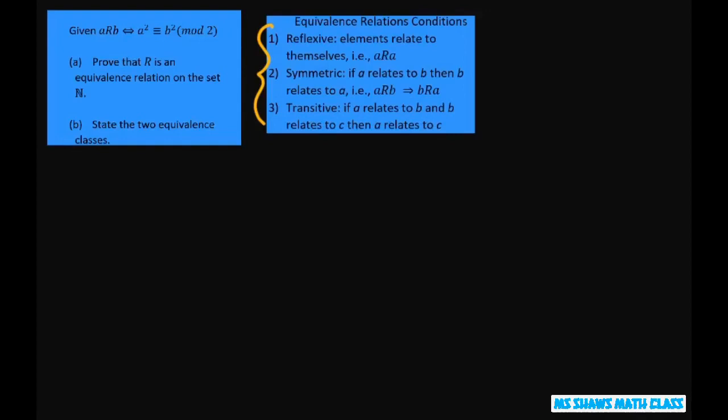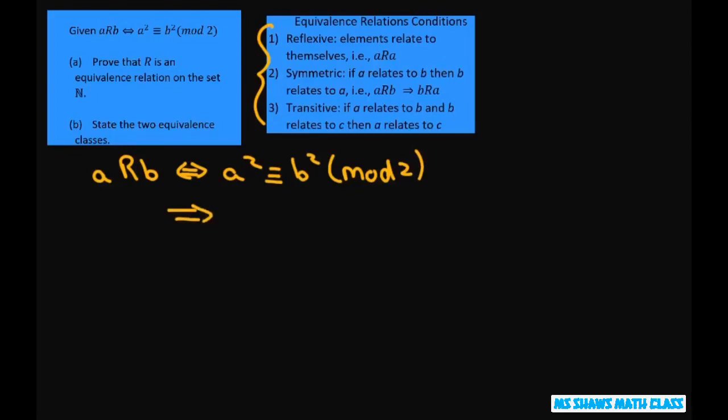So the first one we're going to prove is reflexive. So that means that A is related to B if and only if A squared is equivalent to B squared mod 2. So if you rewrite it, it just means A squared minus B squared equals 2m.